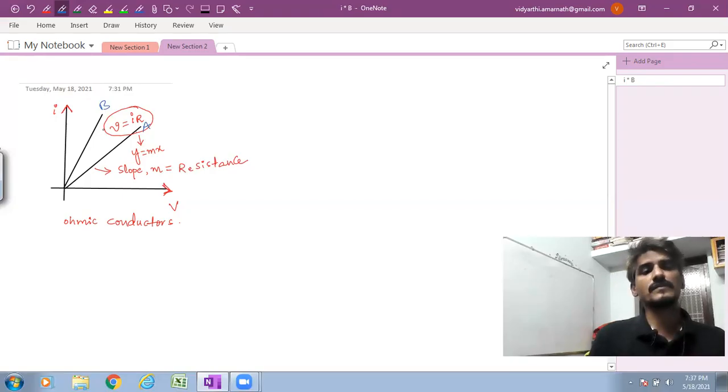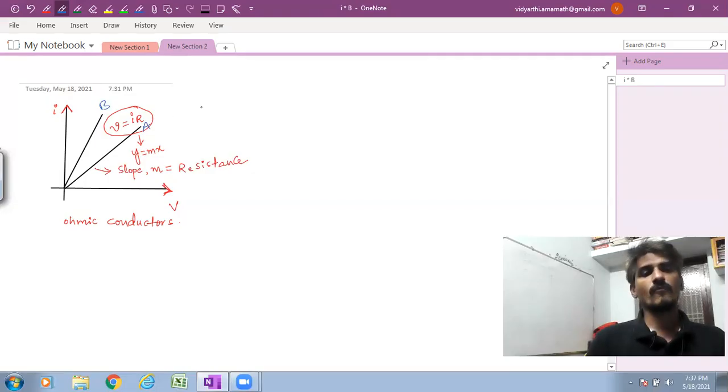In these two, which one has more resistance? Just by looking at the graph, which one will have more resistance? The straight line for which the slope is more will have more resistance. Am I right? So is the slope greater for A or B? It is for B. Why?